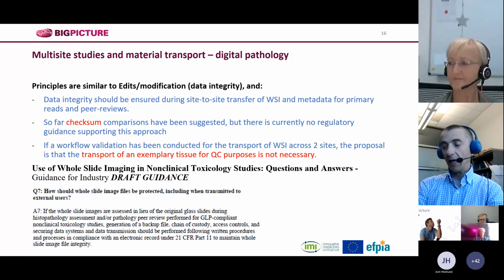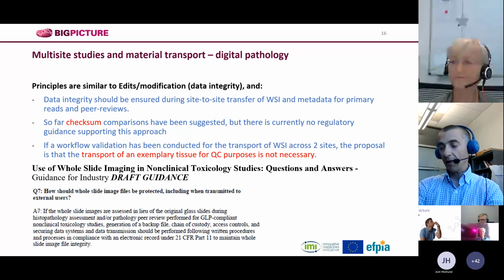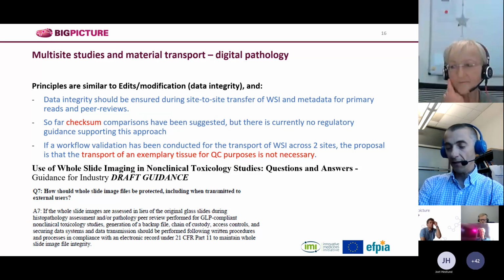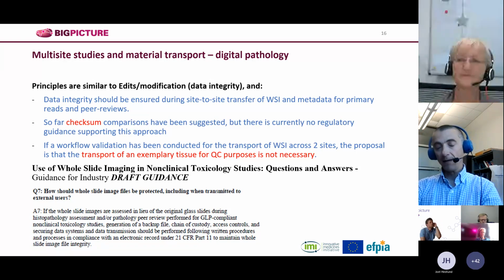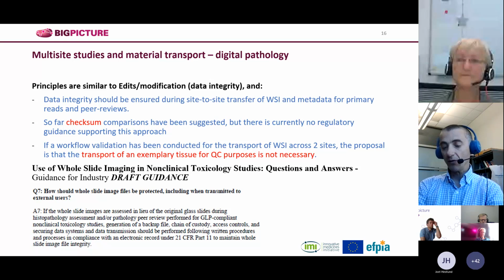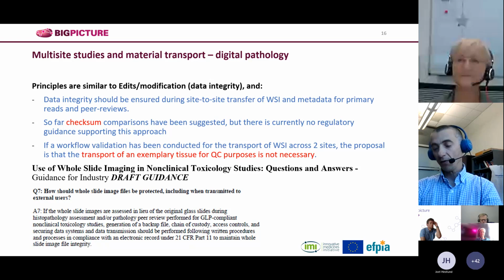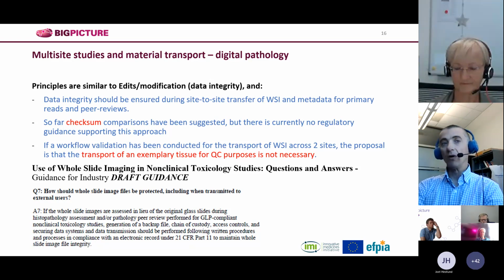And then we have to control accesses, who is able to access this data, how the systems are secured, how the transmission is performed, and then make sure we have procedures and documentation around that. And as I mentioned before, this falls under the umbrella of 21 CFR Part 11, and the whole principle is really to reassure regulators that we maintain the data integrity.